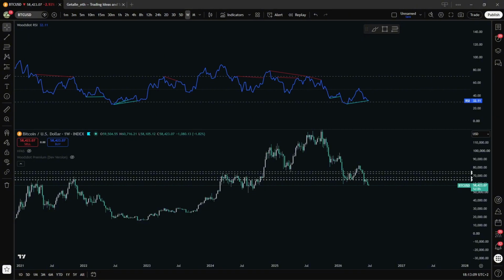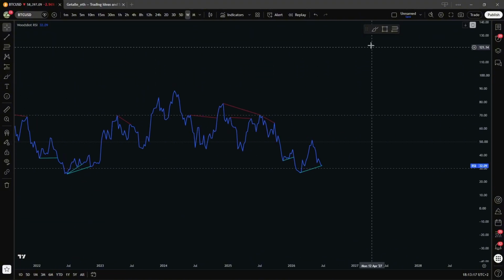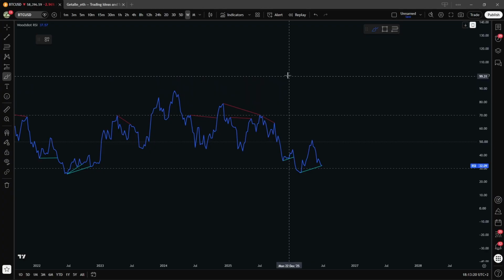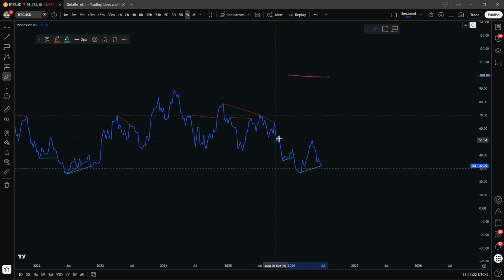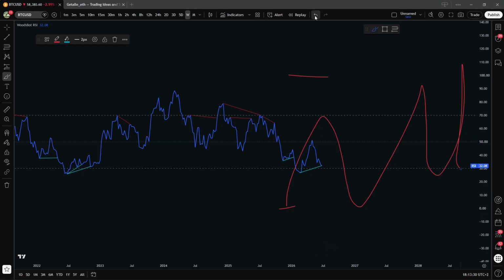But in general, the definition of oversold and overbought, I'm just gonna go quickly over that. So as you can see here, we have the RSI indicator, and as I said in the beginning, the RSI will always oscillate between 0 and 100, right? It will always swing between these numbers.